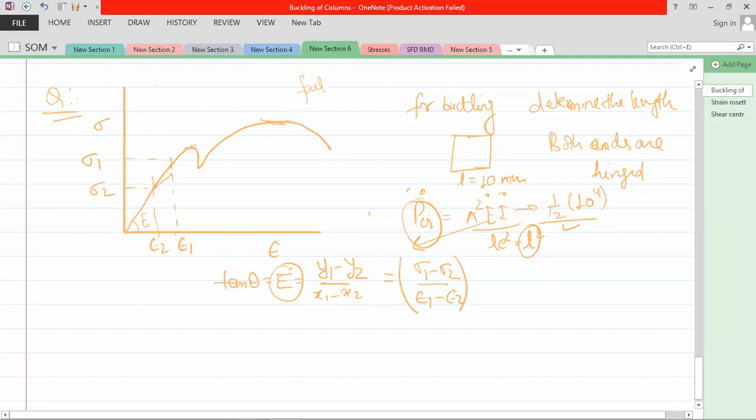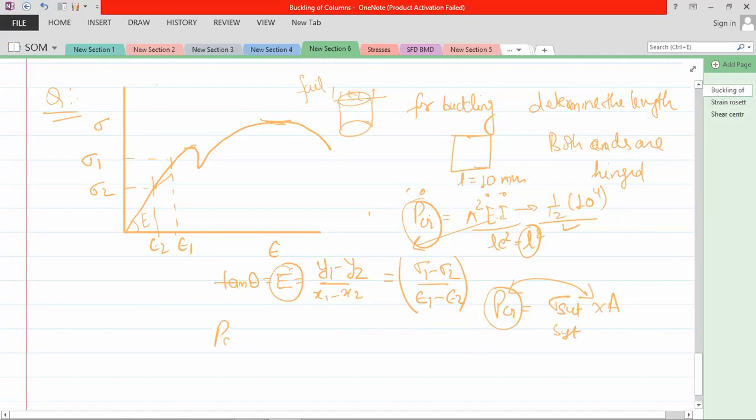Generally, ultimate strength is considered because for the ultimate strength the compressive failure will happen. So P critical is sigma ultimate or sigma yield, depending on the condition, times area. The area is 10 square. So you put the area and get P critical.